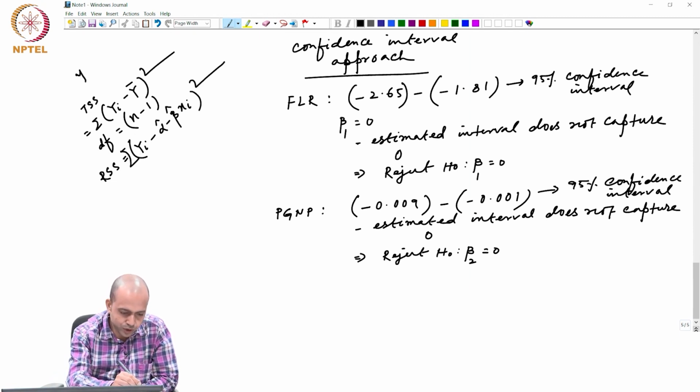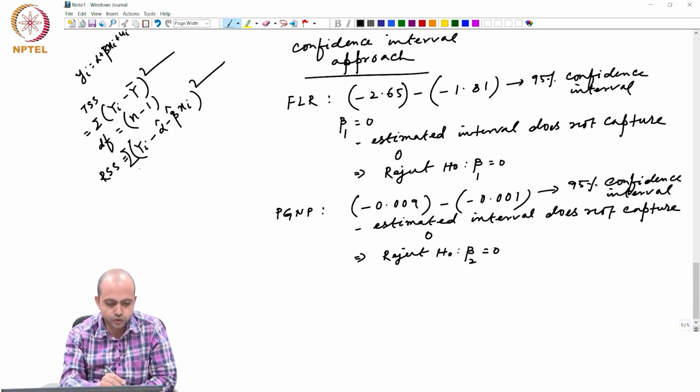Our model was yi equals alpha plus beta xi plus ui. So I would like to remind you, before we estimate RSS, we must estimate alpha hat and beta hat. So we are putting two restrictions here in terms of alpha hat and beta hat. That is why the degrees of freedom for RSS would be n minus 2.